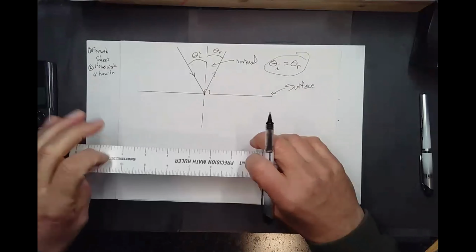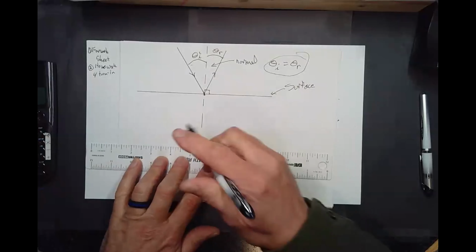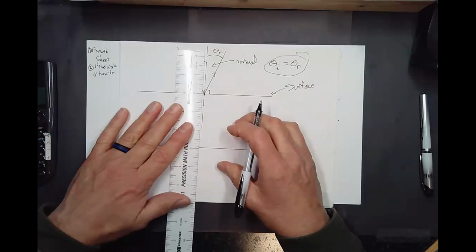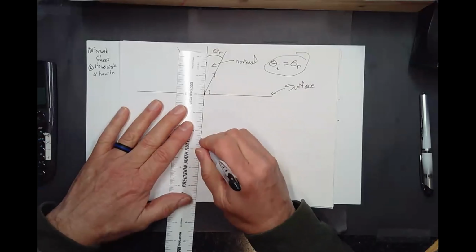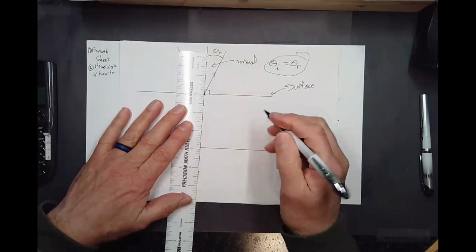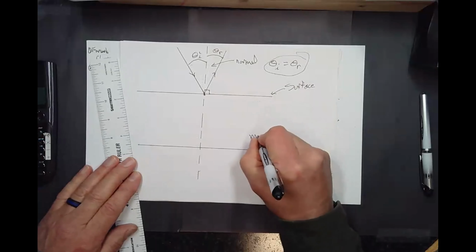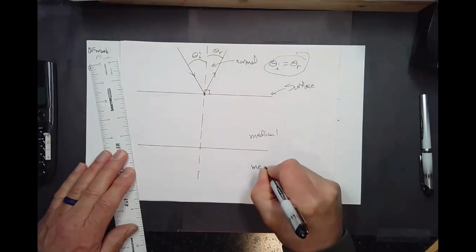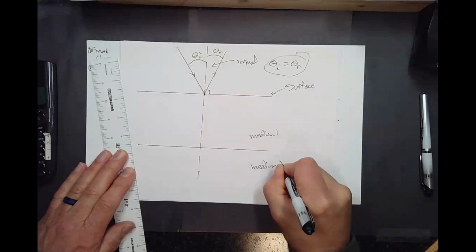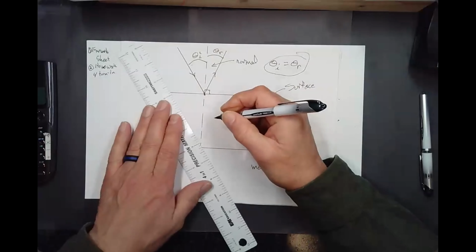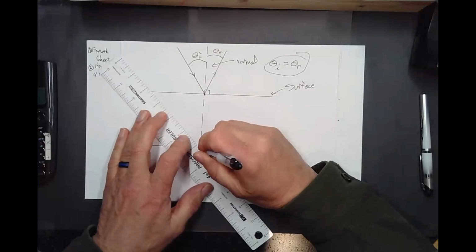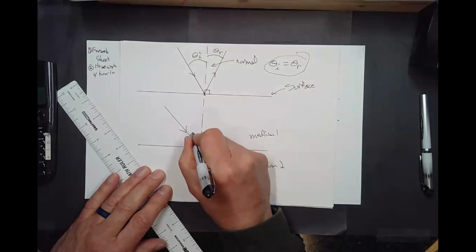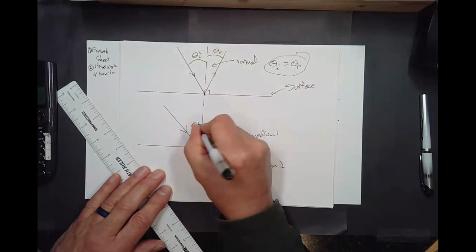Then let's suppose we've got another interface, and this time we're going to be interested in light that goes into the other medium. So here, this might be medium 1, and this could be medium 2. And we have light that's incoming here. And so this could be the angle of incidence.